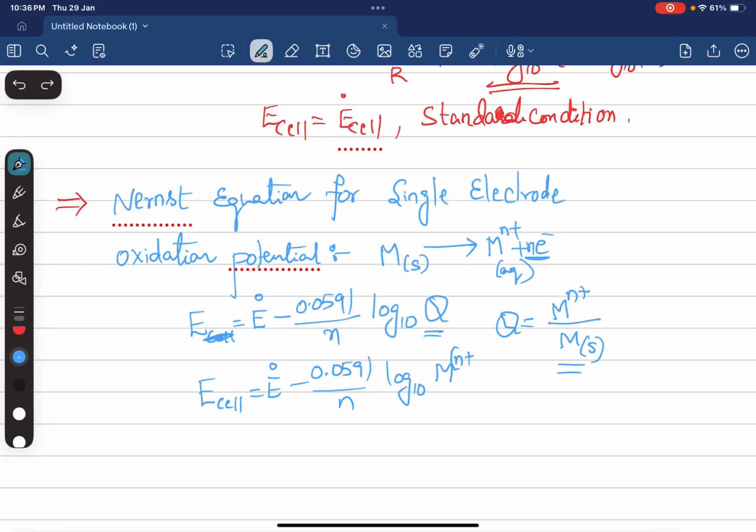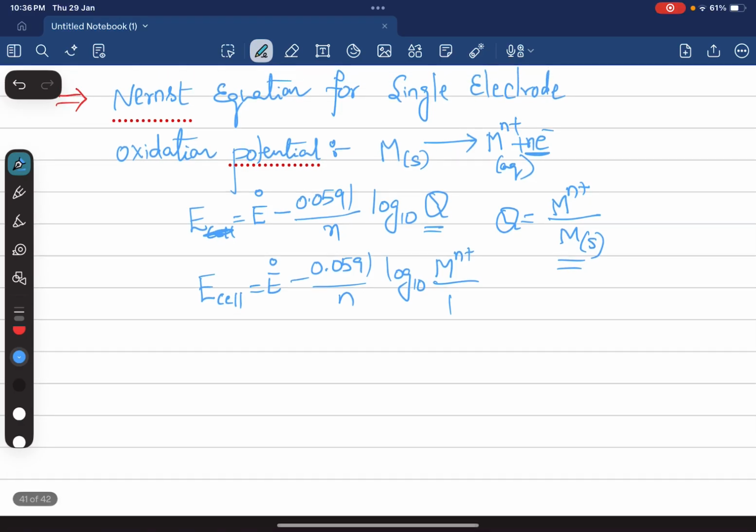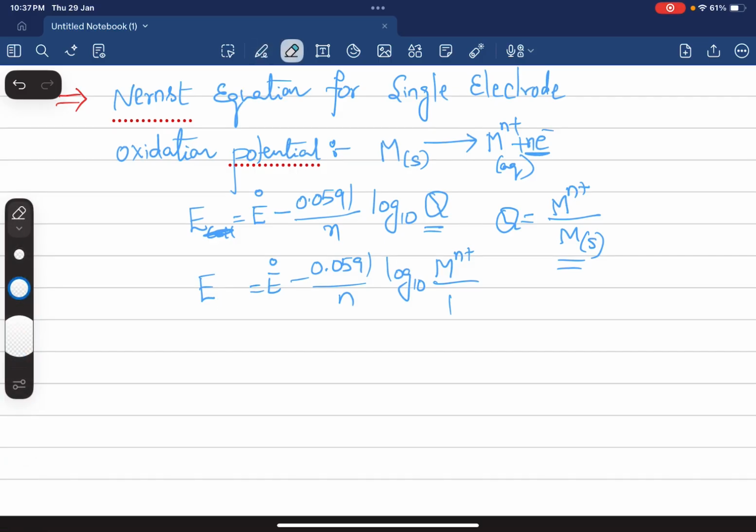M n+ by M, so this you cannot take because it is solid. That's how we got this equation. Since it is oxidation, we will represent it as E naught OX.